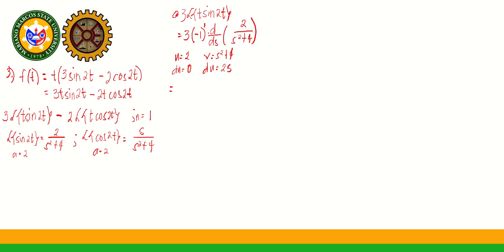So, this will be equal to negative 1 raised to 1 is still negative 1 multiplied by 3. That will be negative 3 times v, s squared plus 4, times du, which is 0, times 0, minus u, which is 2, times dv. Dv is equal to 2s over s squared plus 4 quantity squared.